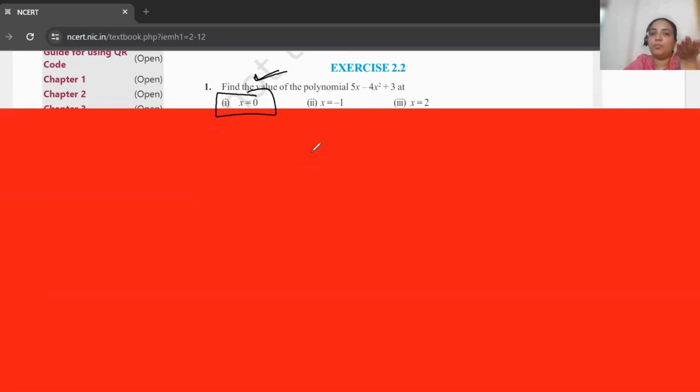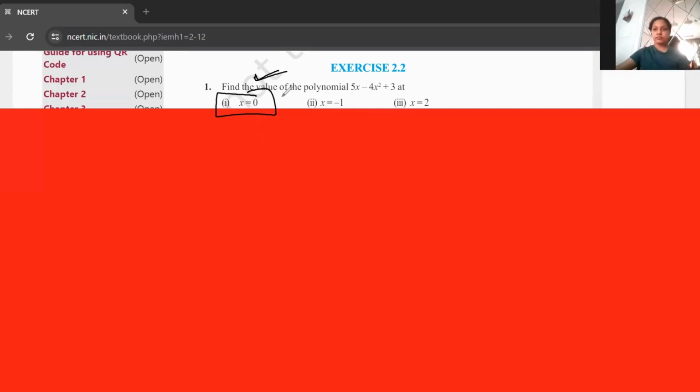Value of the polynomial means whatever value of the variable is given to you, you put that in the polynomial and solve to get the value of the complete polynomial. And finding the 0 means you put that complete polynomial equal to 0 to find the value of that variable. Understood or not, beta?